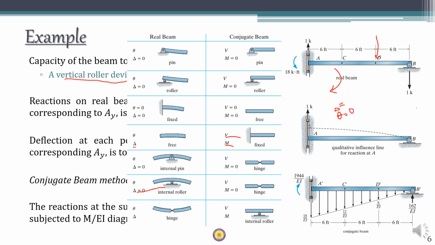Delta is non-zero, which means that the moment here should be non-zero, which means that there should be some moment at this point, but theta equals zero, which means that the vertical shear should be zero at this point. So the only possible support which we can think of is exactly the same vertical roller here in the conjugate, right?